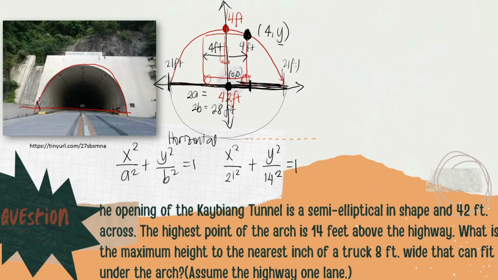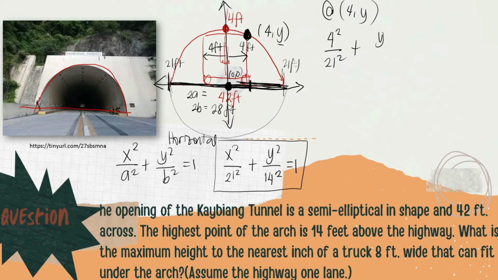We just plug in the 4 and y into the standard form that we formed here. So x is 4. That is 4 squared over 21 squared plus y squared over 14 squared is equal to 1. Let's move 4 squared over 21 squared to the right.